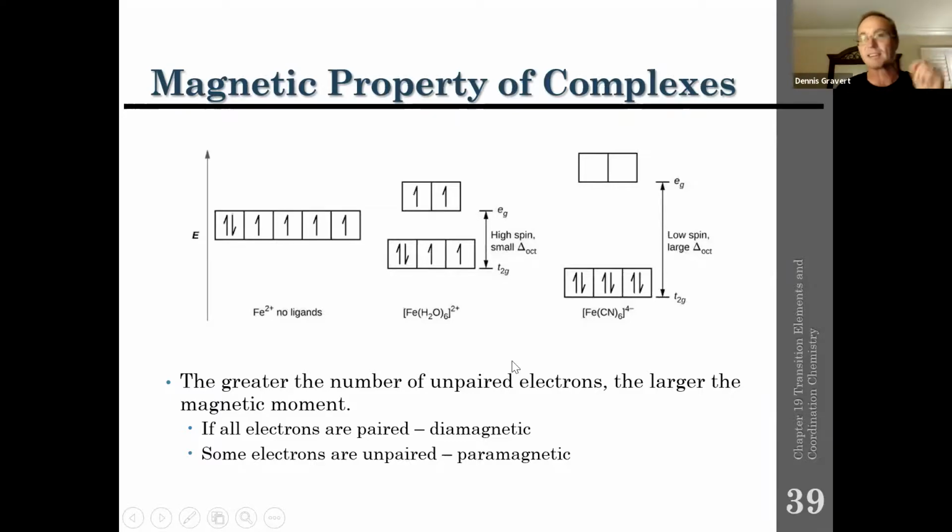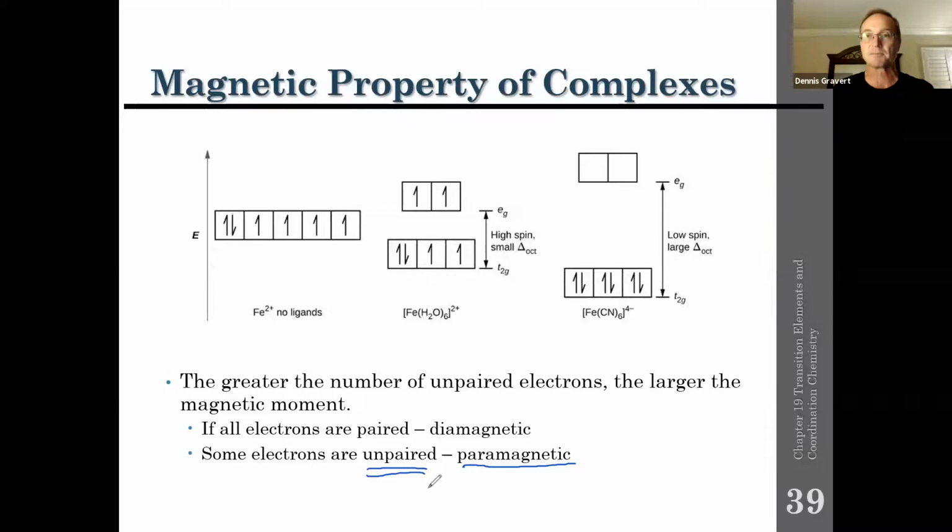A horseshoe magnet or a compass. Those types of magnets are made of materials, mainly iron because it's cheap and readily available, and these materials that make up magnets have a lot of unpaired electrons that make the material paramagnetic and act like a magnet.